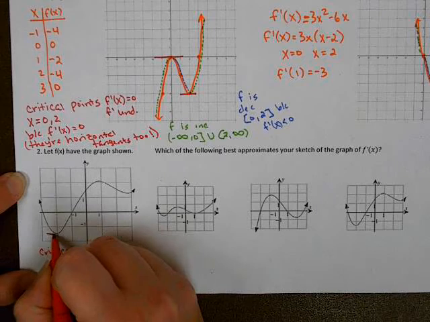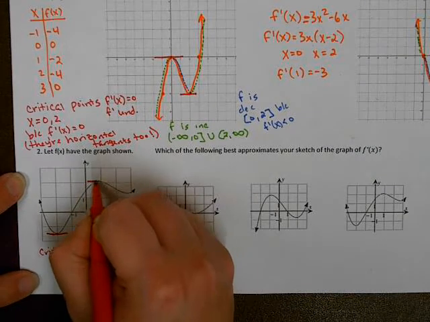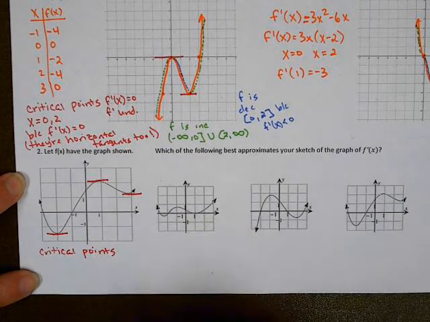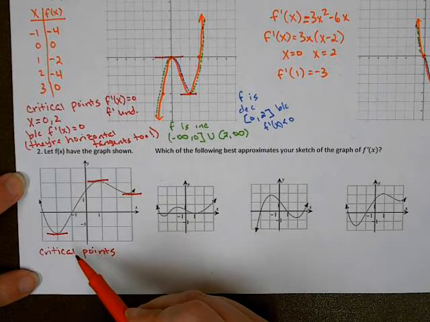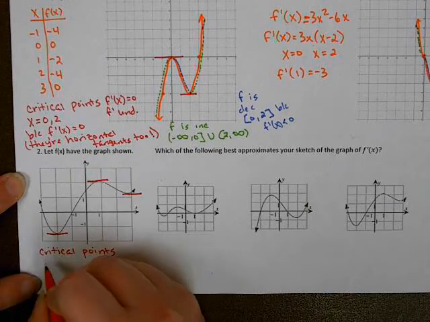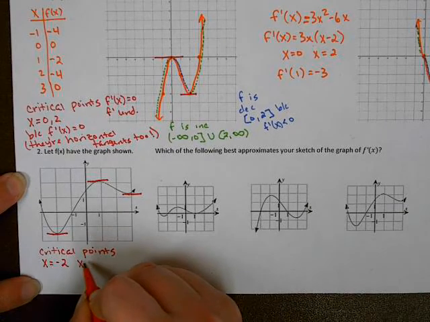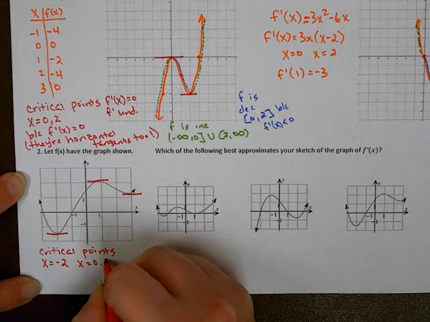So when I look at it, I can see a horizontal tangent right there, a horizontal tangent right there, and a horizontal tangent right there. Now, these are not going to be exact values, but they are going to be my best guess. So I'm thinking that there's one at x equals negative 2. I'm thinking there's one at x equals, I don't know, maybe 0.9.